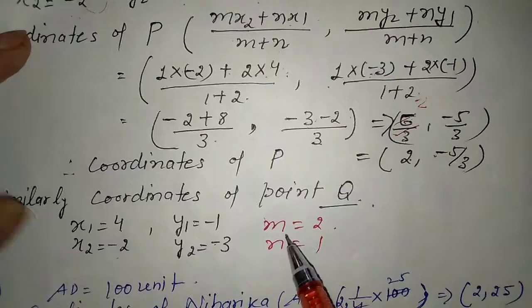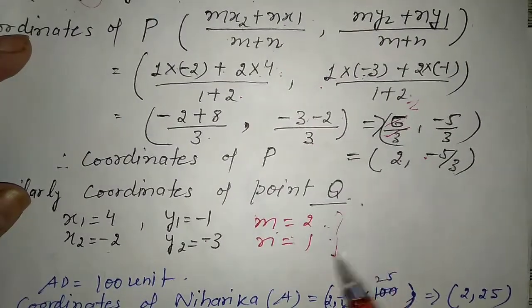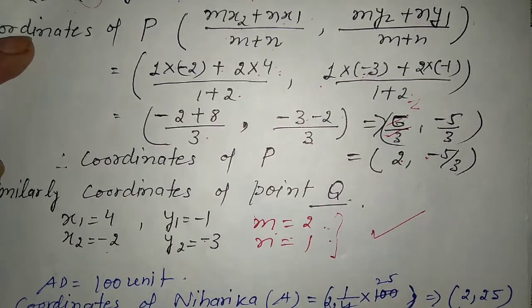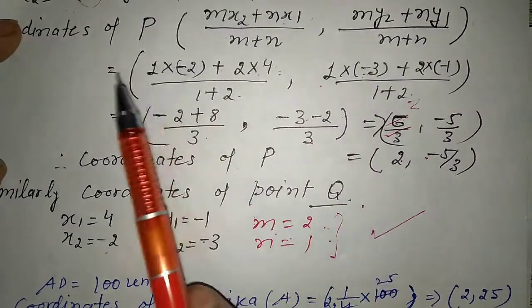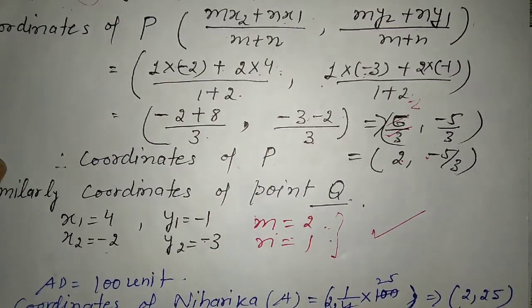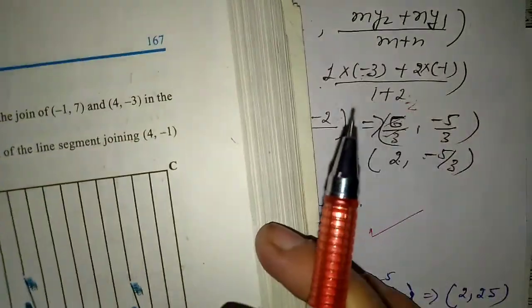But this time m will be 2 and n will be 1. So you can solve this on your own for the coordinates of point Q, similarly as we found the coordinates of point P. Now the third question is given here.